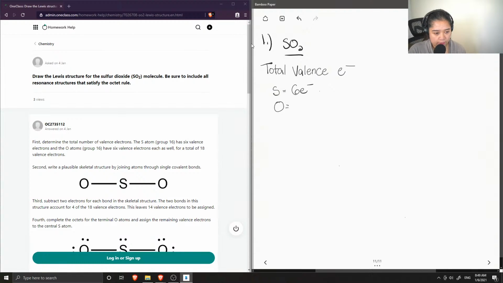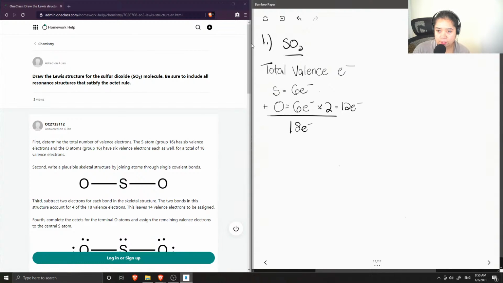And in the case of oxygen, there are also 6 valence electrons. And since we have 2 oxygen atoms, there are 12. And then if we add them all up, we get a total of 18 valence electrons.